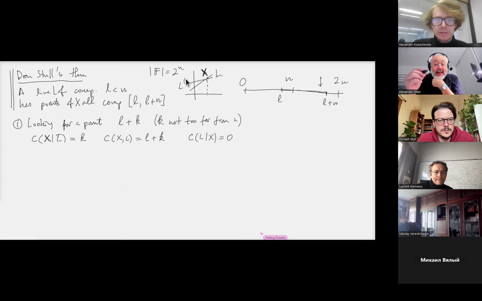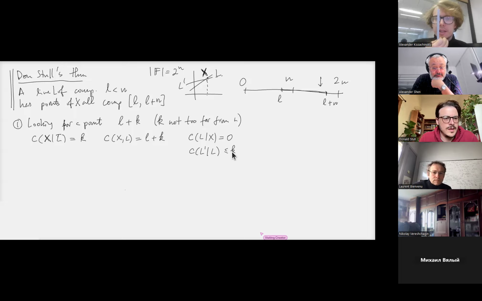The complexity of L prime given L is at most k. This argument works when L is smaller than k, something like that.